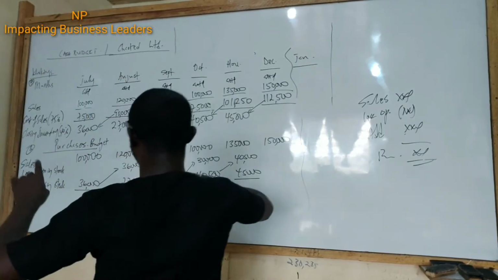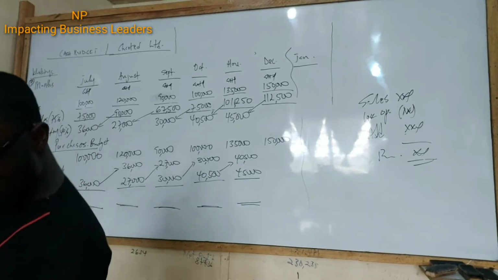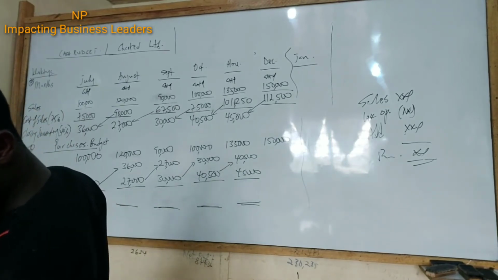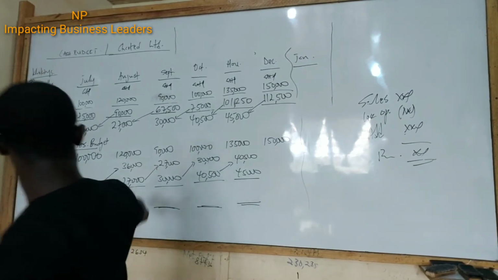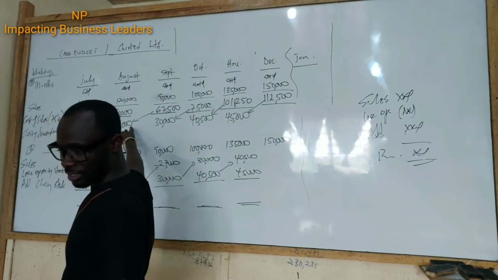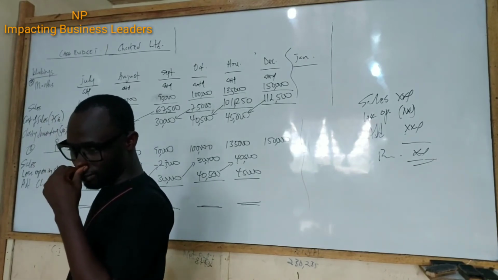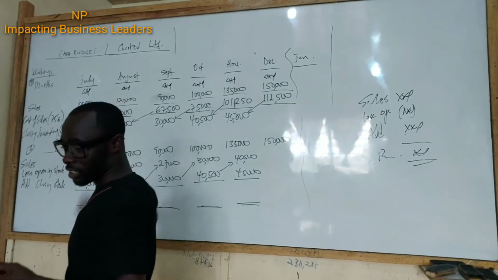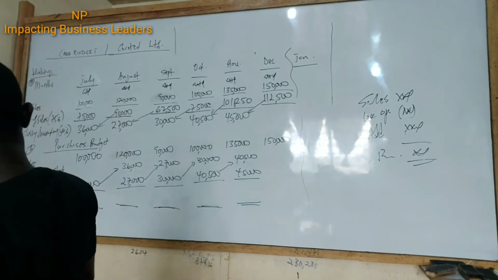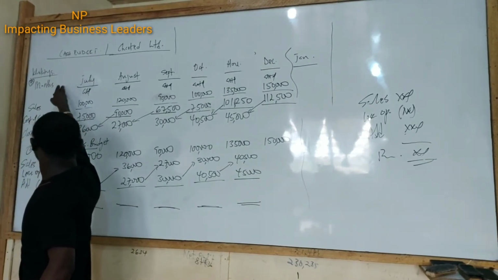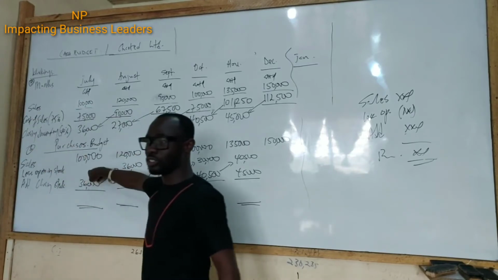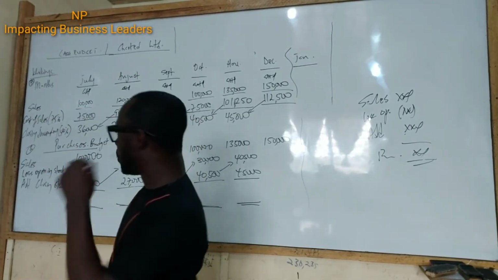So closing stock at the end of August is valued at 30,000. But we got 27,000. The question has a problem. This shouldn't be August. It should rather be June. So that becomes an opening for July.